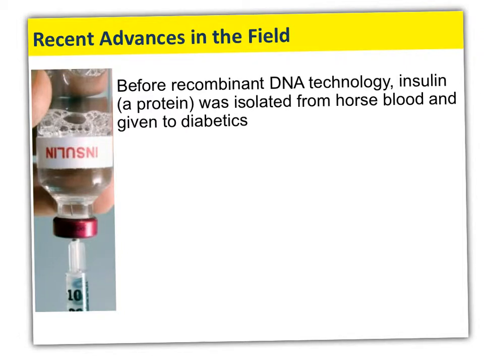It's the same insulin, but there are some slight variations, and some people ended up having an allergic reaction to, let's say, pig insulin. It says horse blood, but it was mainly pigs. And insulin, of course, is a protein that facilitates glucose metabolism.